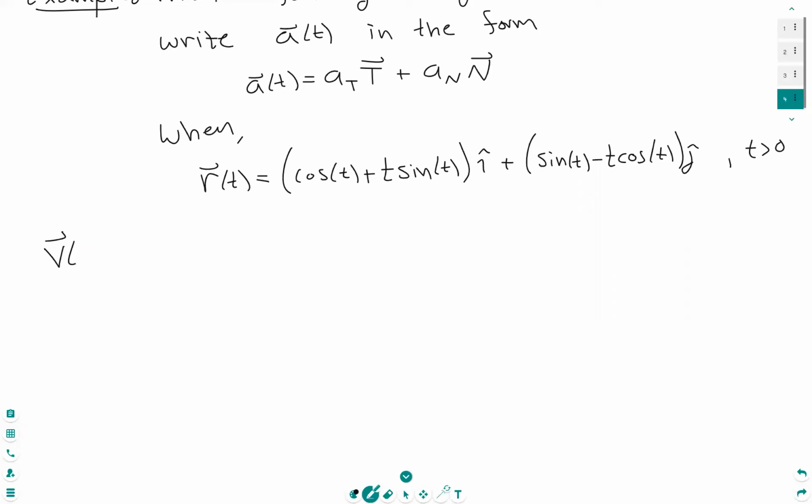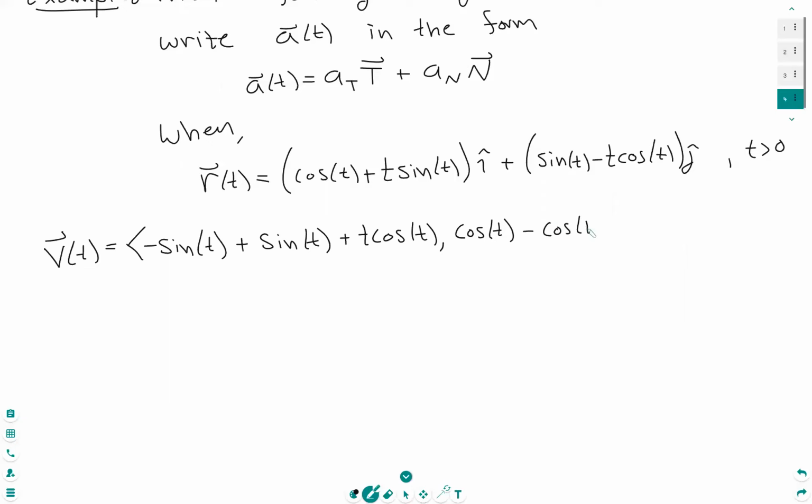So velocity is negative sine of t plus sine of t plus t cosine of t, and then cosine of t minus cosine of t plus t sine of t, and 0.